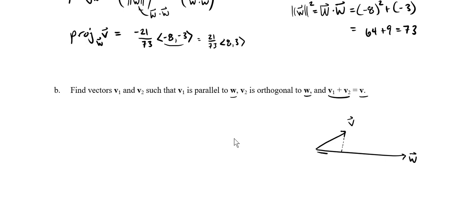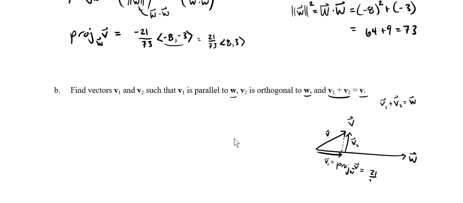We're trying to break it into this vector V1 and this vector V2 so that V1 plus V2 equals V. But we've already found V1. V1 is just the projection of this vector V onto the direction of W. We already found that in the previous part.